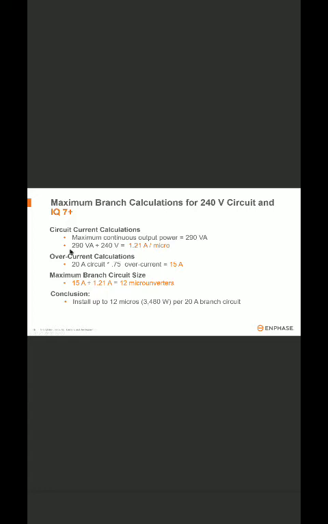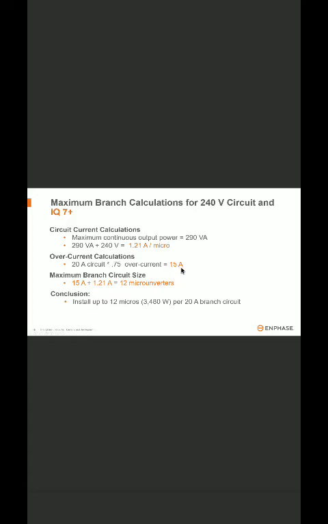Or if you see the data sheets, by considering 230, you might get 1.26. Either you take 1.21 or 1.26, you'll get approximately the same value. The important part is this: the maximum current which we can load on our Q cable is 15 amps, keeping 25% of the safety factor.